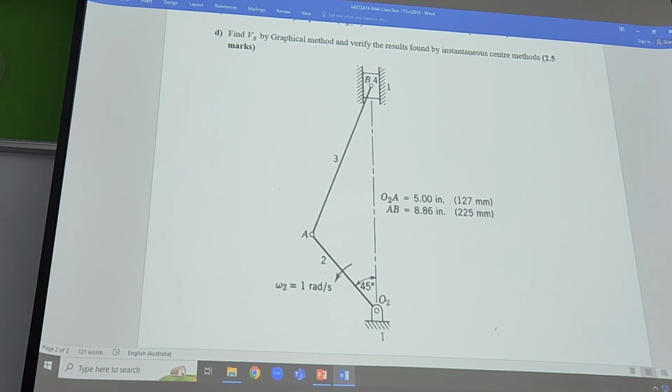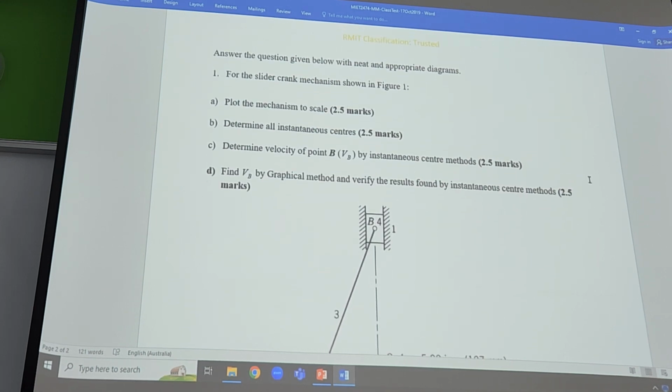Okay, first question is: draw the mechanism to scale and determine all ICs and the velocity at point B, both by the ICs method and the polygon method. So that means you need to draw a velocity polygon also.